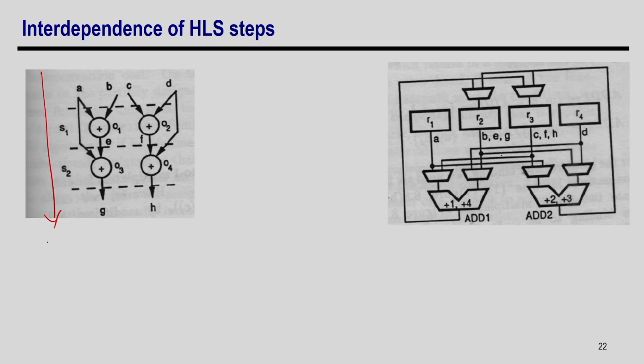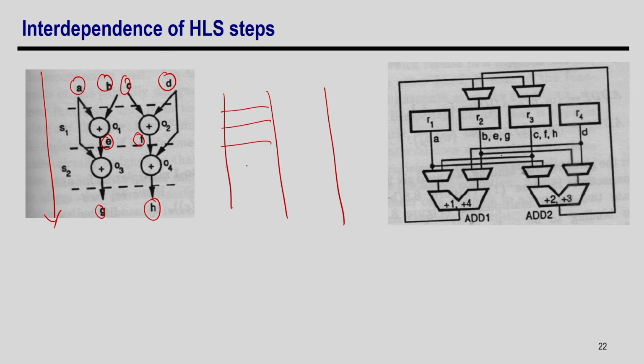Okay. So, let us take this as my schedule behavior. Here the variables are A, B, C, D, E, F, G and H. These are the 8 registers. And what is the lifetime? If I draw it, there are 2 timestamps, right. So, A, B, C, D are here.